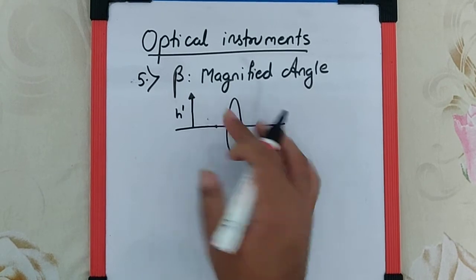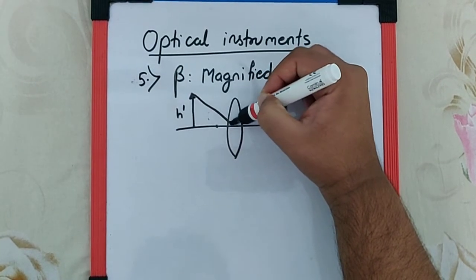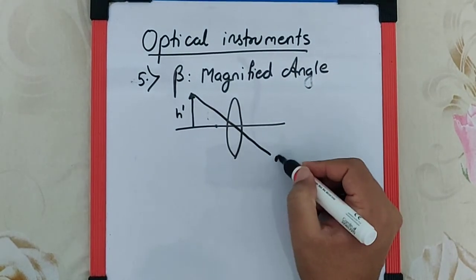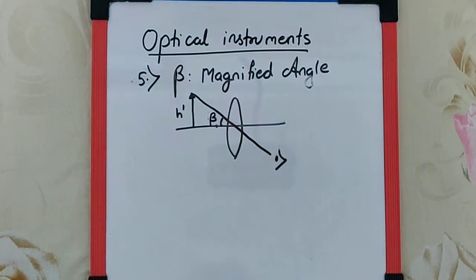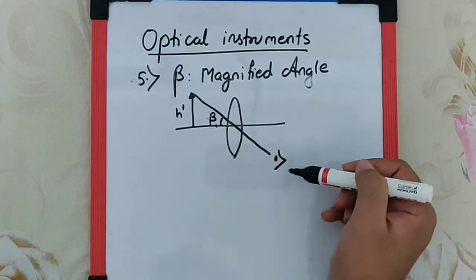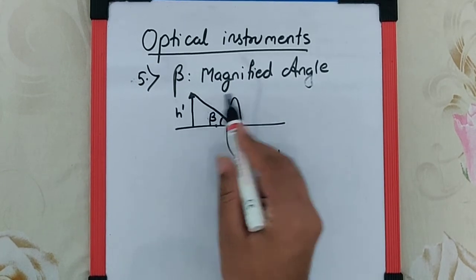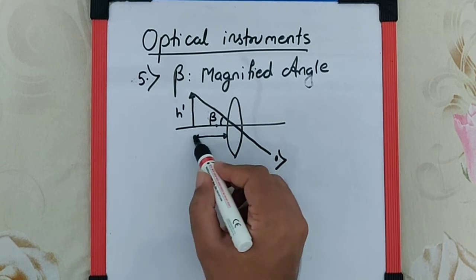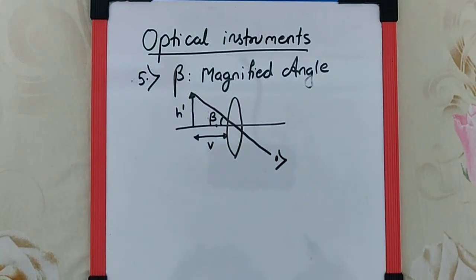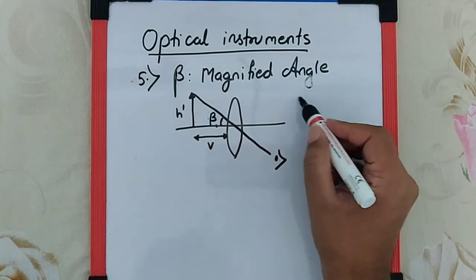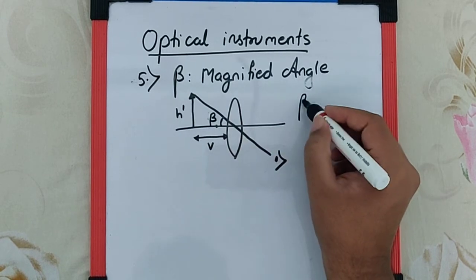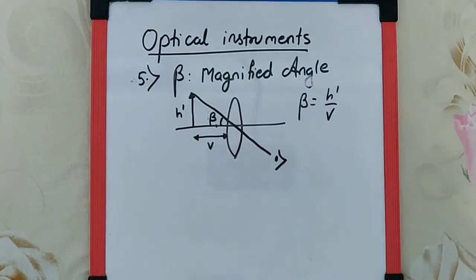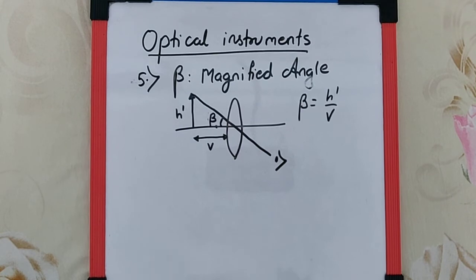So when we look at the image, the eye with the principal axis makes an angle such that this height of the image is visible to the eye. This angle is called the magnified angle, and if we use the S is equal to R theta formula, here S is h dash, R is V, and theta is beta, and therefore beta can be written as h dash by V. Now please remember, this is a general formula, not specific to every sum, but in general we can use it like this.